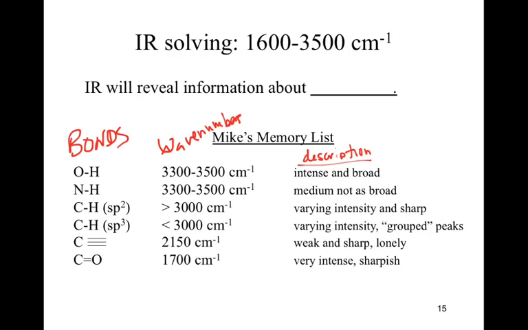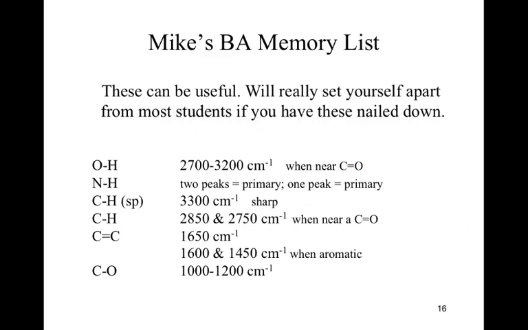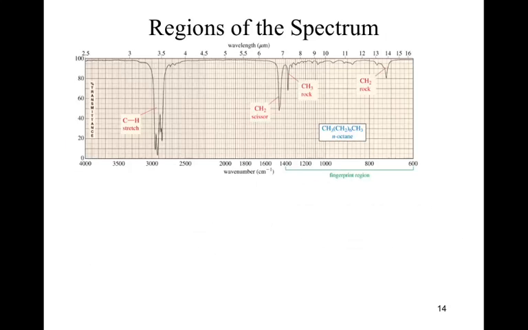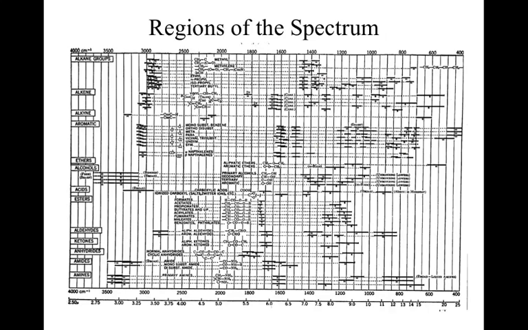These absolutely memorize. No questions asked. Nail these down perfectly. Won't take that long. It'll go pretty quickly, particularly after you do some practice with these. You'll pretty much have these nailed down anyway. If you want to prove how really awesome you are, then memorize these as well. Okay? If you really want to go crazy, then you can go all the way back to this guy and memorize all of that.